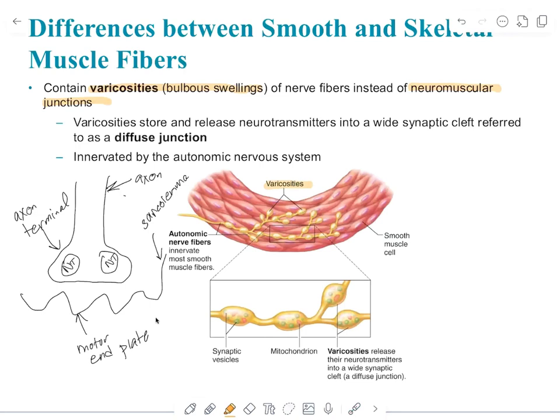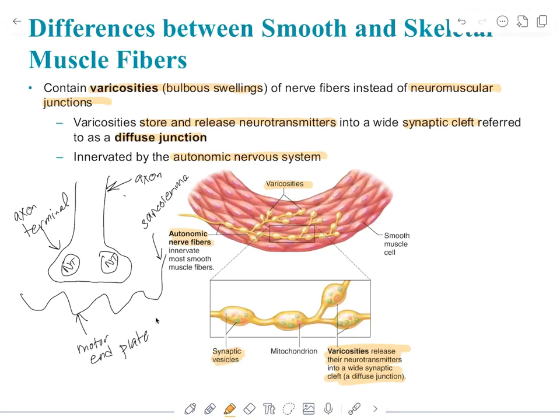The varicosities, like the neuromuscular junction, store and release neurotransmitters into a synaptic cleft, which is referred to as a diffuse junction. And it's innervated by the autonomic nervous system. So, and that's very important because remember that the smooth muscle is involuntarily controlled, just like cardiac muscle is.